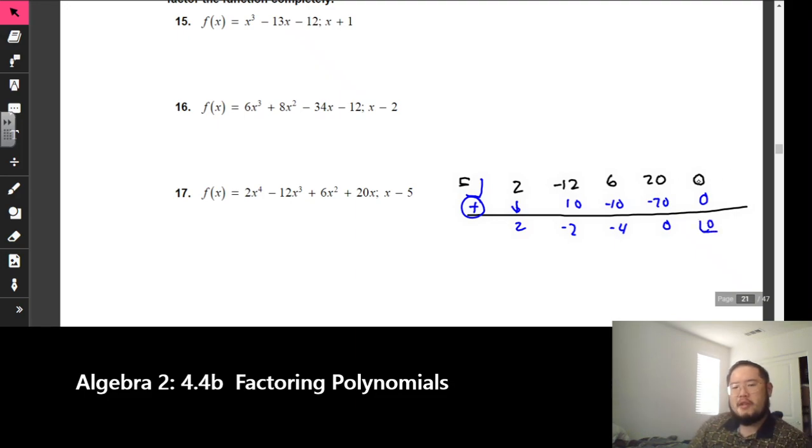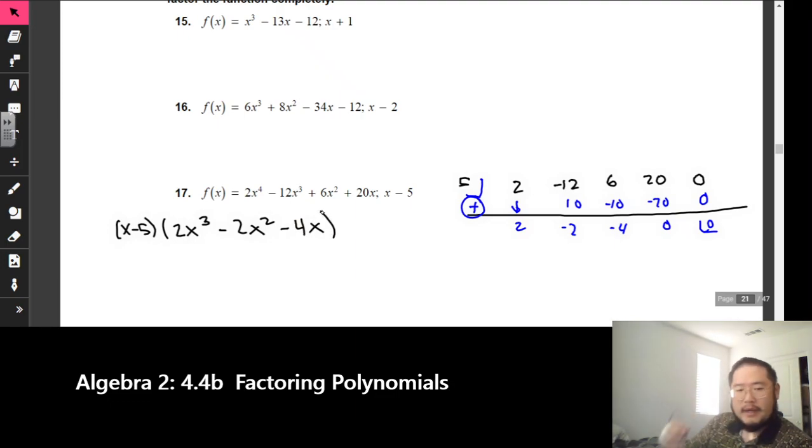So I know that x minus 5 is one of our factors. So let's go ahead and write right here, x minus 5 as one of my binomials. And then next up comes 2x to the third power minus 2x squared minus 4x. And that is the rest of my trinomial.